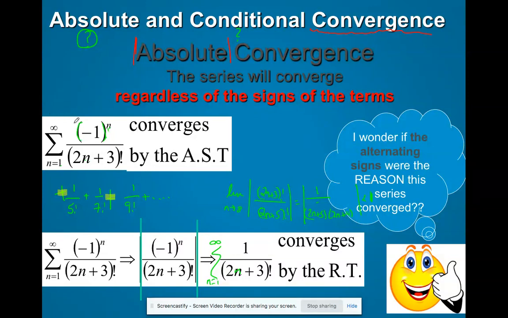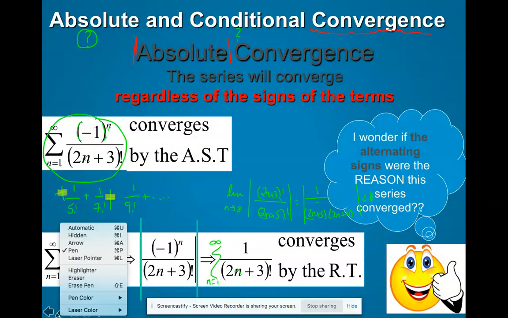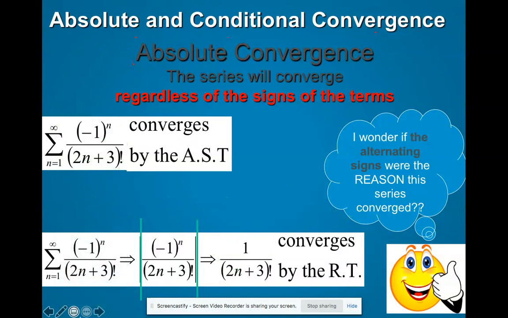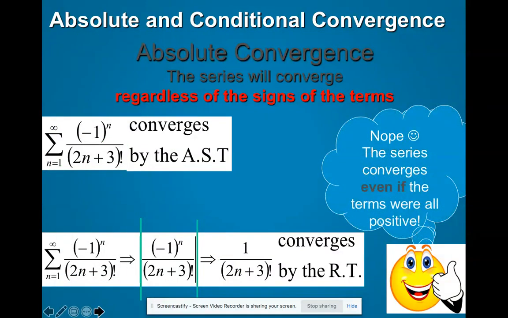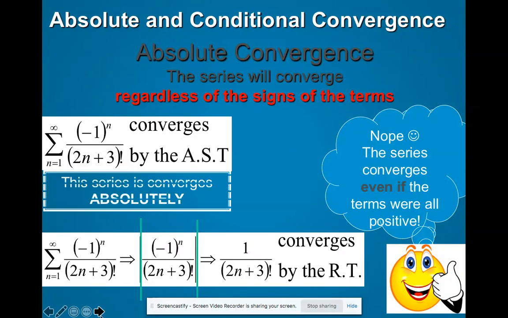Therefore, my original series doesn't just converge, it converges even if the sign alternator isn't there. It converges absolutely. So that was an example of an absolute convergence.